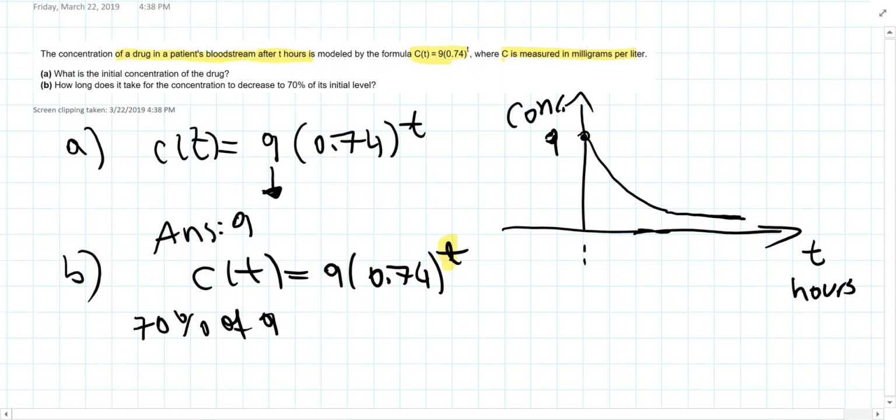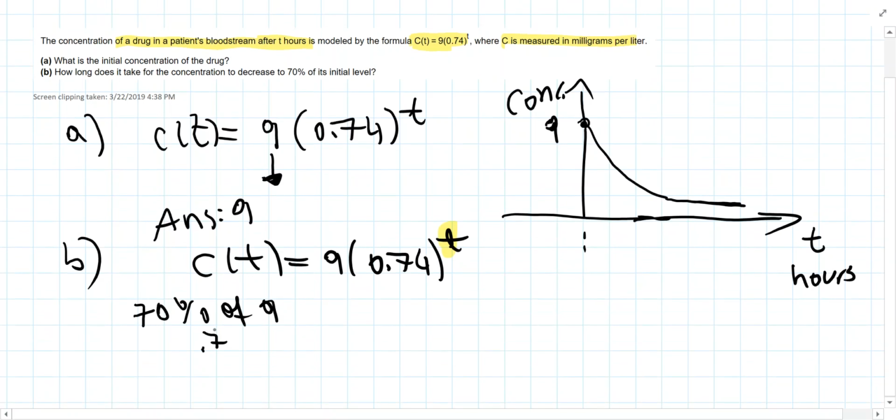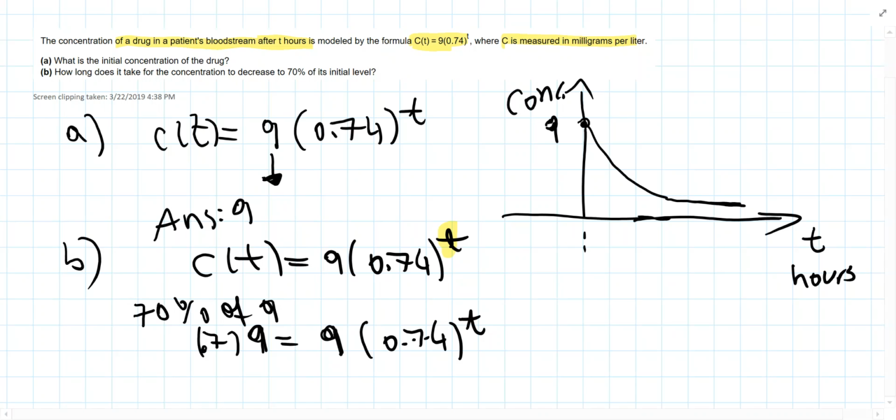But 70% of 9 just means 0.7 times 9. And then the formula is 9 equals 0.74 to the T. So I want to basically find graphically when these two functions meet: this exponential decay function, and this, which is just a constant.